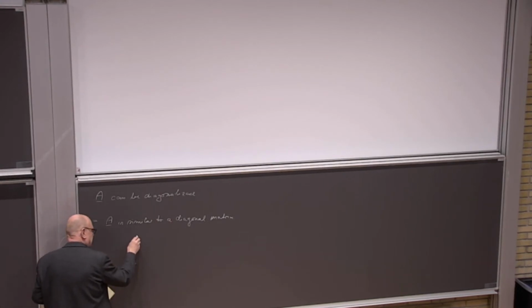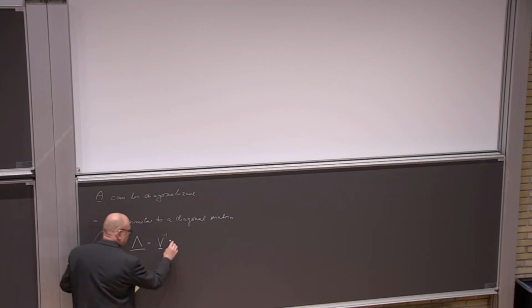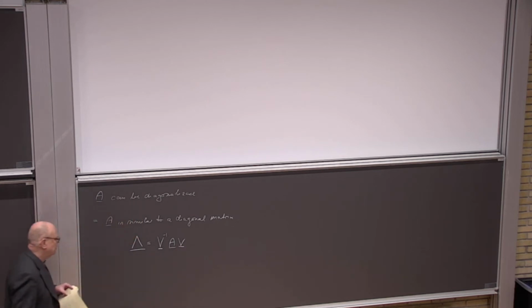And we saw it the last time: you had this diagonal matrix, and then you had the coordinate matrix of the eigenvectors, and you could write it in that way.